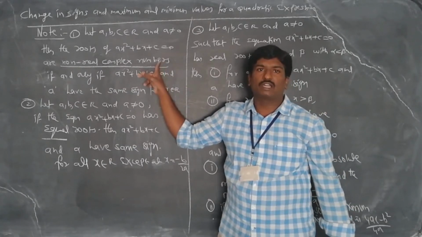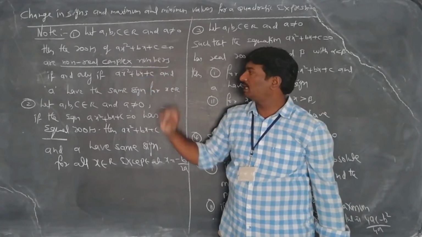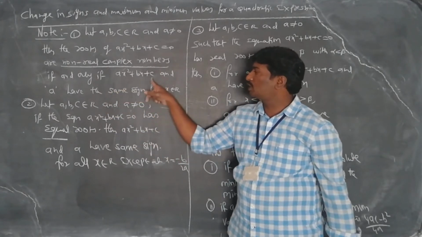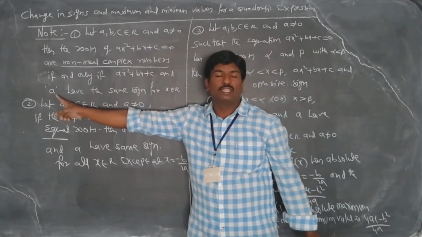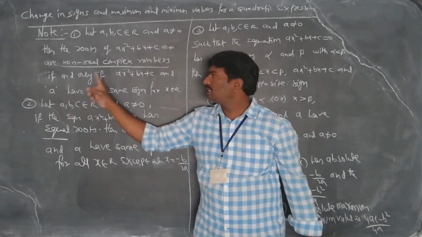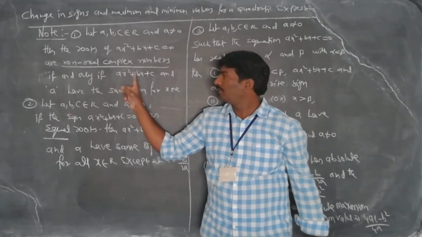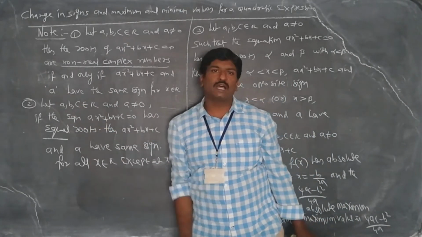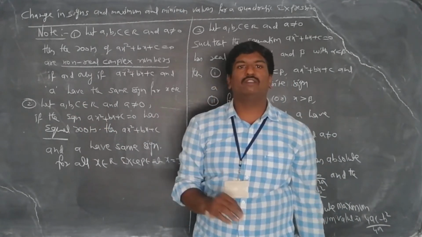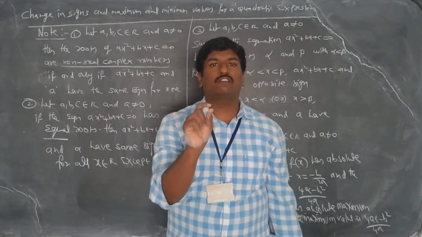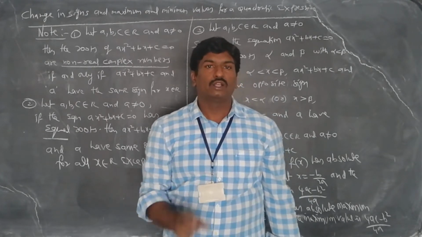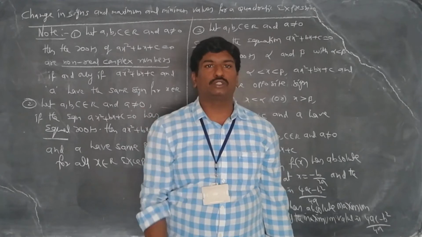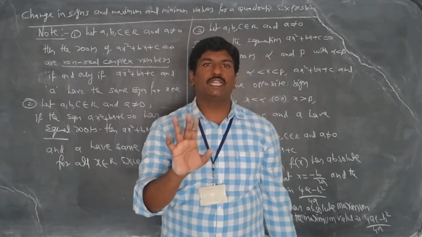When the roots of the quadratic equation are non-real complex numbers, then we say that the expression and a, where a is the coefficient of x square, have the same sign. Suppose a is positive, boys. For example, I am giving one expression: 2x square plus 3x plus 4.